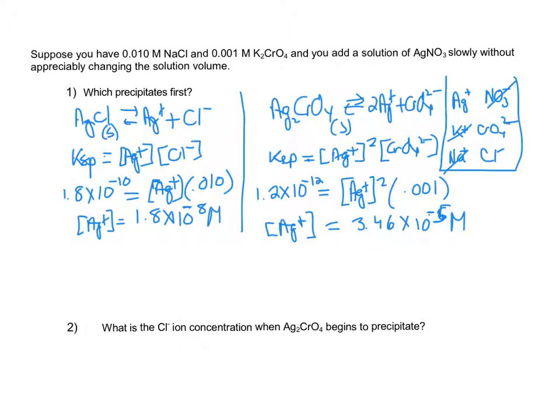Now let's think about this for a second. In order for this to precipitate, I only need my concentration of the silver ion to be as little as 0.000000018 molar in a liter. In order for the silver chromate to precipitate, I need my concentration to be 0.00003, let's say 5 molar.